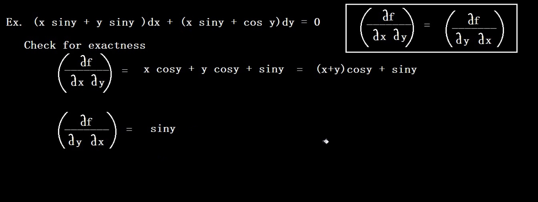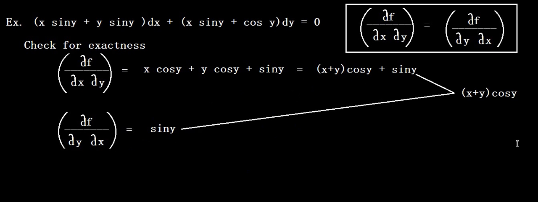The next step was to take the difference between these two. You can subtract this term from this or this term from this. Let's subtract anyhow. I'm using the subtraction of sine y from this term, so it will result in x plus y cos y. Now we need to give a denominator here.